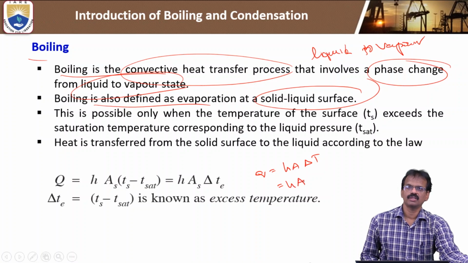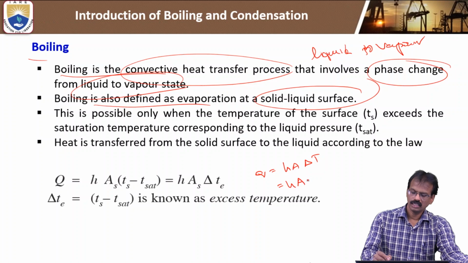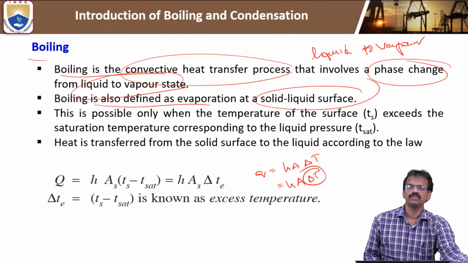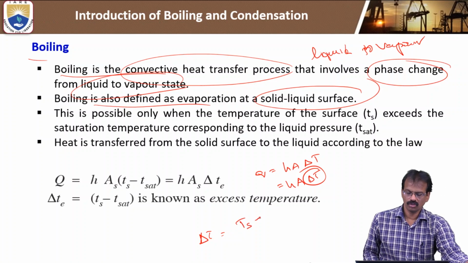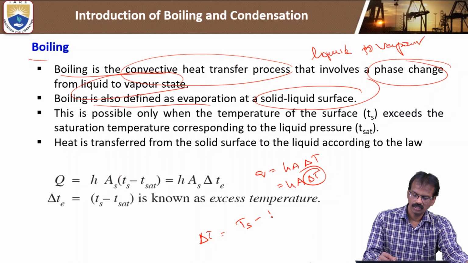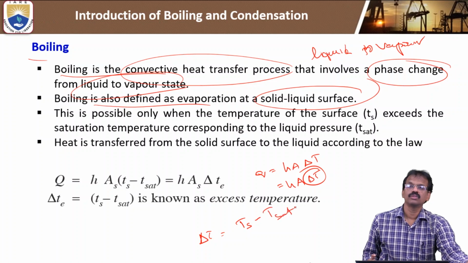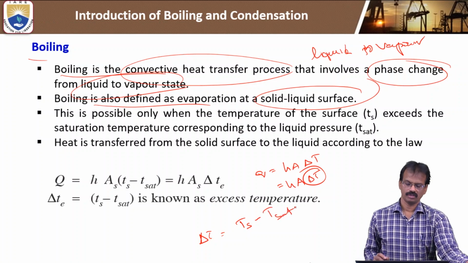A is the area of the surface, and delta T is the temperature difference. The temperature difference is nothing but Ts, the solid surface temperature, minus T saturation, the liquid saturation temperature.